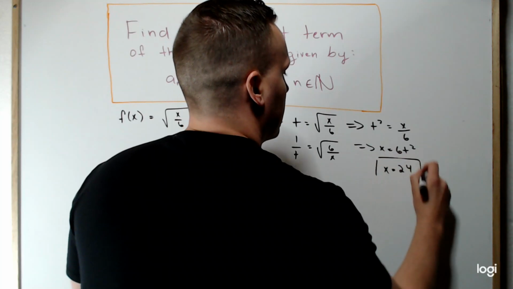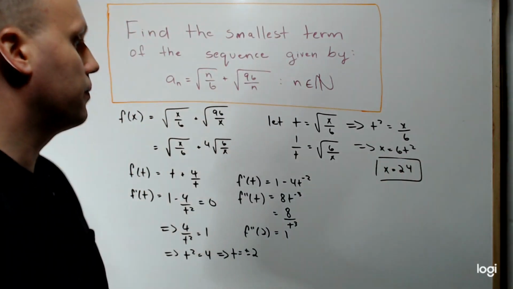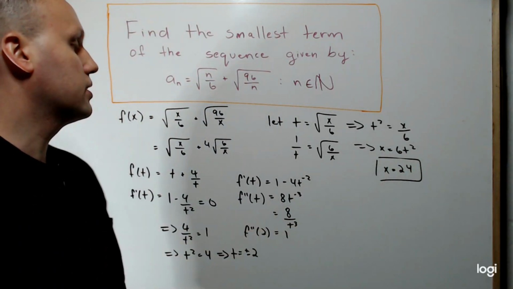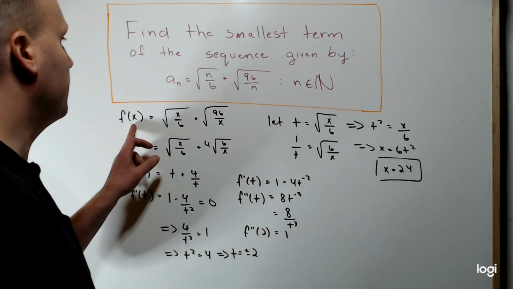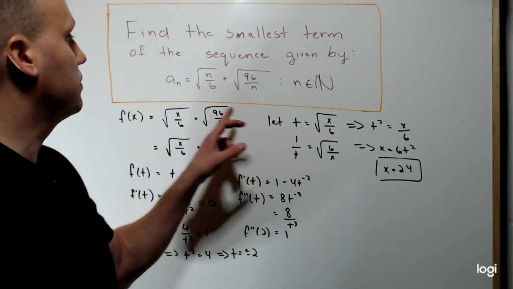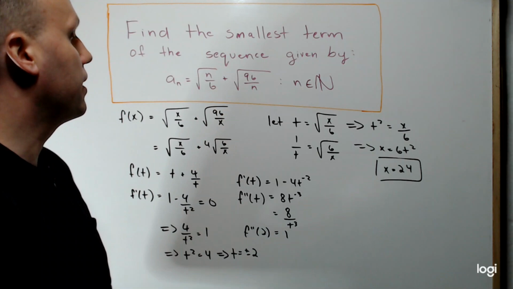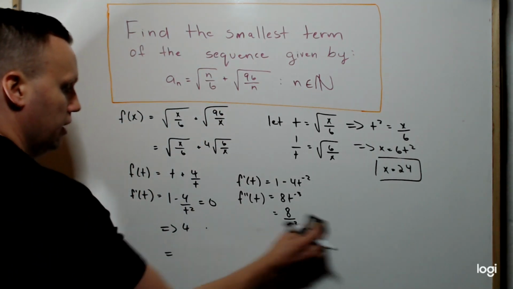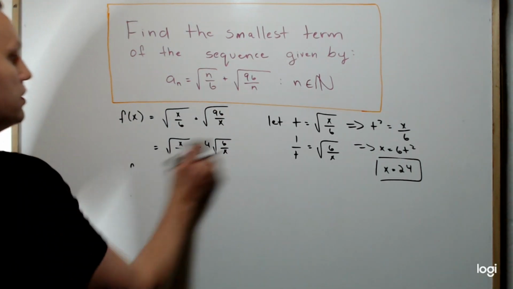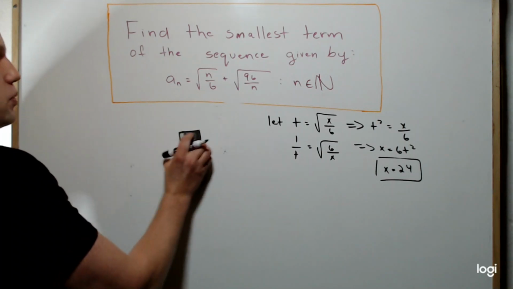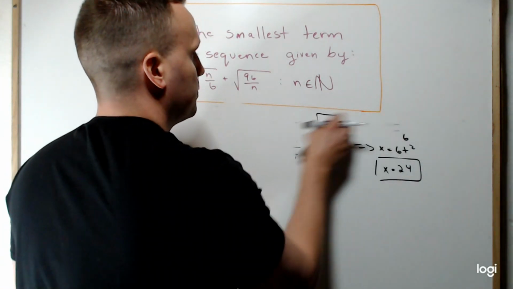And this is exactly what we were hoping for. This value of x is a minimum of f of x, and it's also a positive integer, so it works for the n that we need. So we've established that the smallest term of the sequence in question is the 24th term.